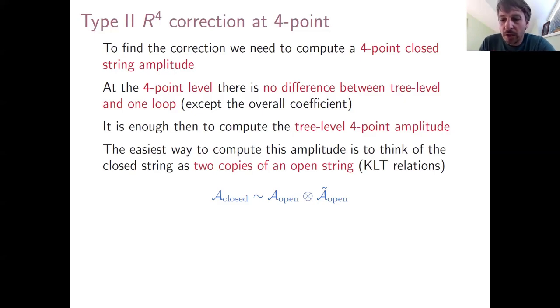Of course, I can try to directly compute the 5-point amplitude in string theory. The problem is that I can compute it at tree level or one loop, but if I want to relate to 11 dimensions, the correction that's straightforwardly related to 11 dimensions is the one-loop correction in type 2A. So then I should compute a one-loop 5-point function. Okay, that involves some work.